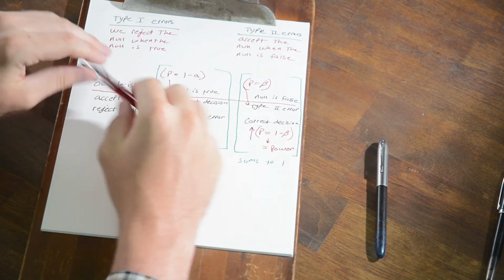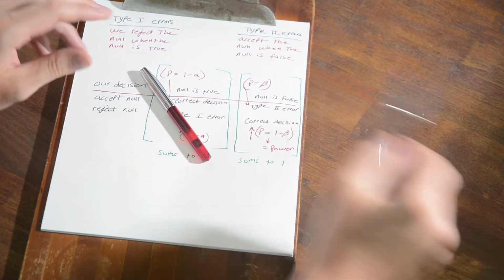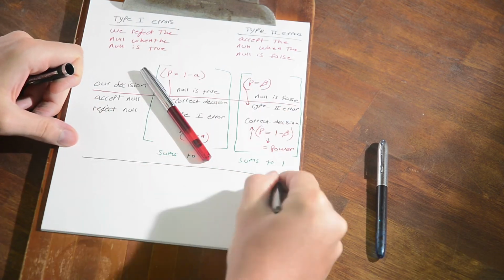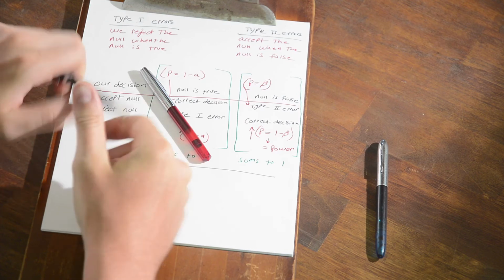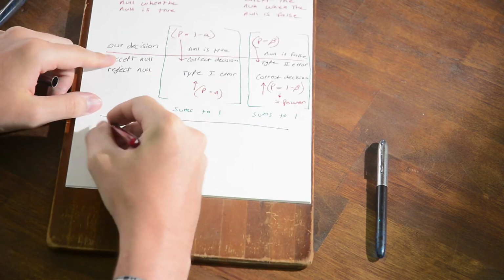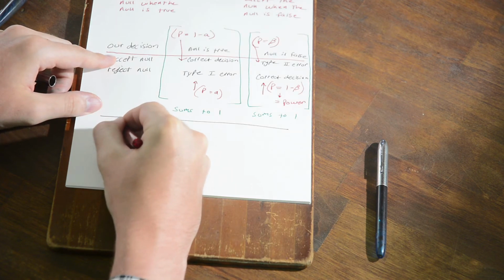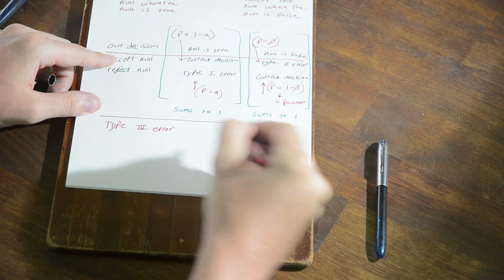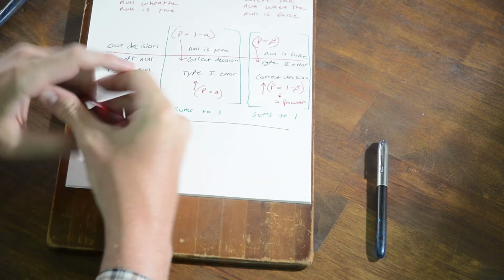There is something else that I'm going to bring in here. When I mentioned at the end of the last video about type 3 errors, what I was referring to is the idea that we can get significance in the wrong direction.